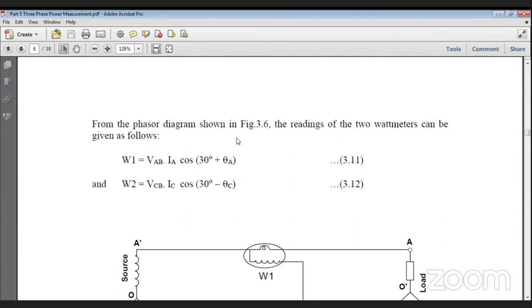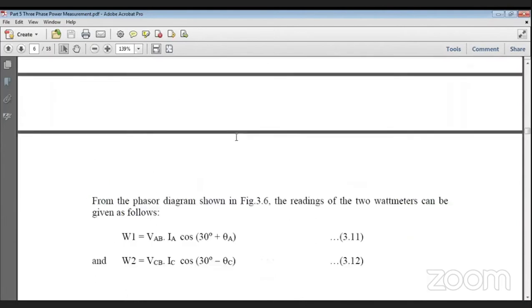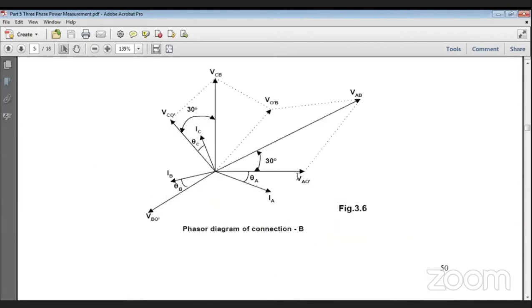One more thing I forgot to mention: here, I have intentionally taken a lagging power factor. Current is lagging the voltage. So this is a lagging power factor assumption because in our power system, more than 80% of cases are lagging. So these two equations are for lagging.